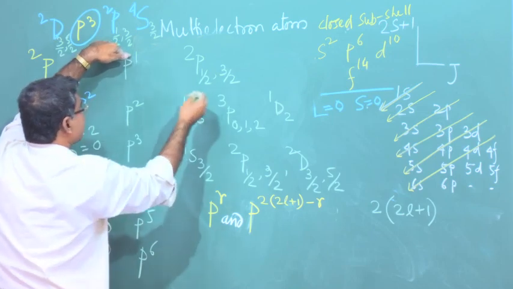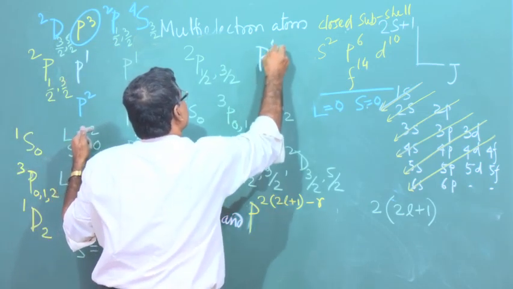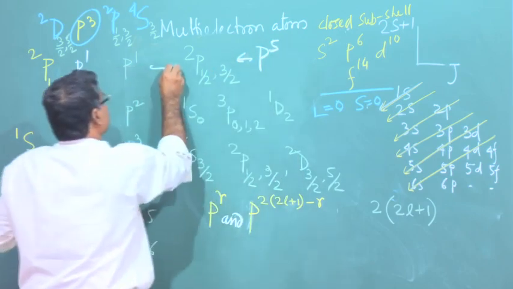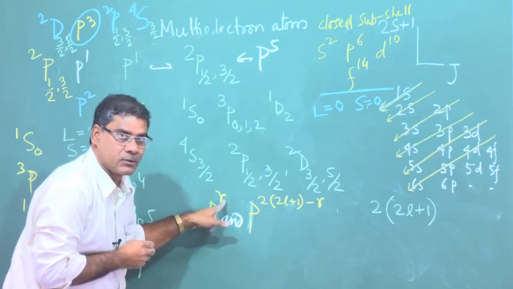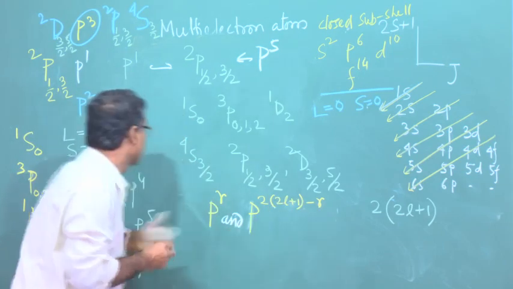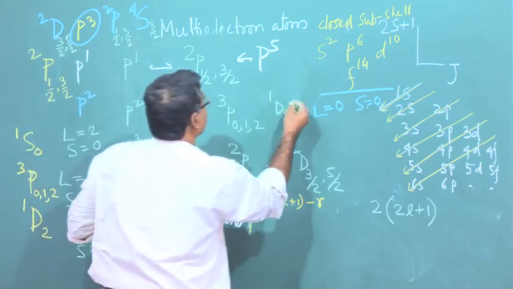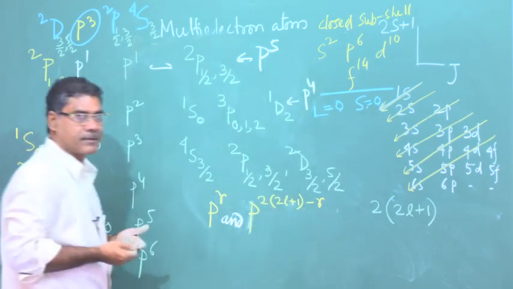And for P2, this will be 6 minus 2, 4, so this spectroscopic term is for P4 also, right.